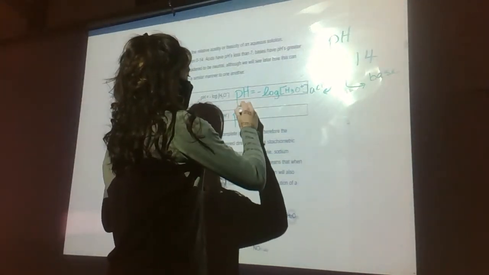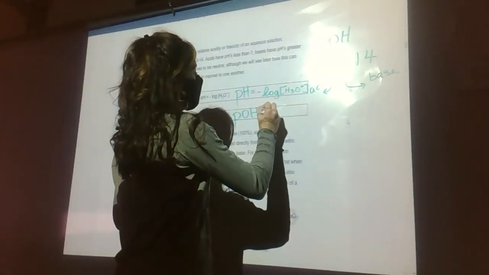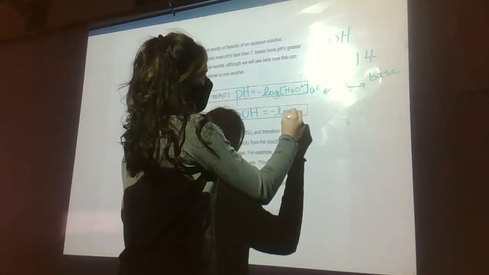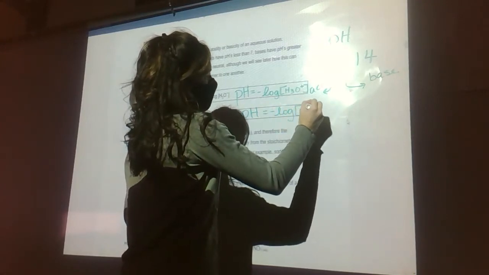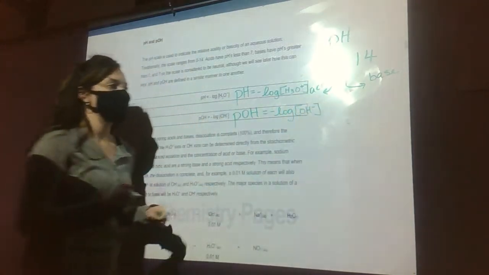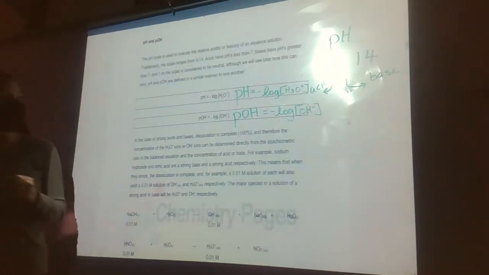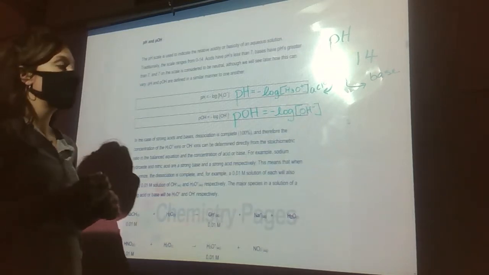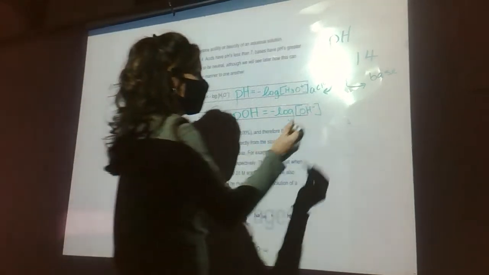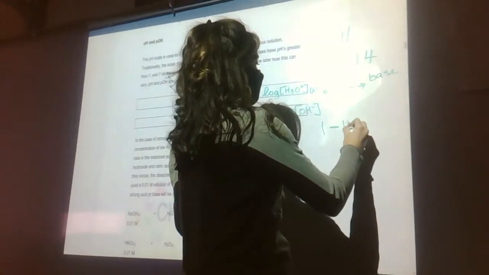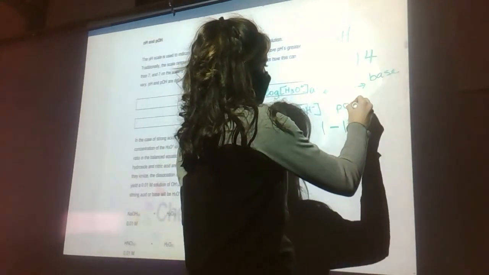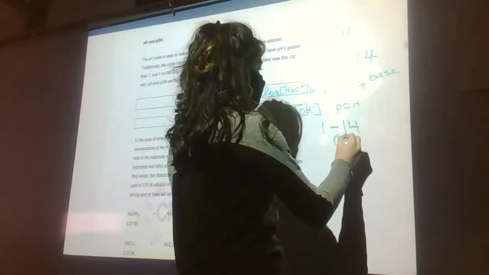Even more arbitrary is the pOH, which is the negative log of the hydroxide concentration. Same thing, 1 to 14, where 7 is neutral.